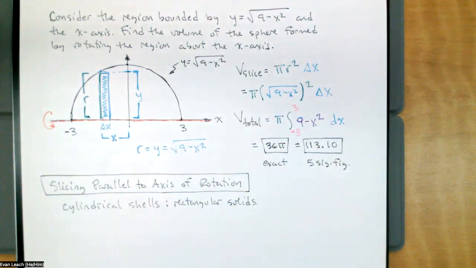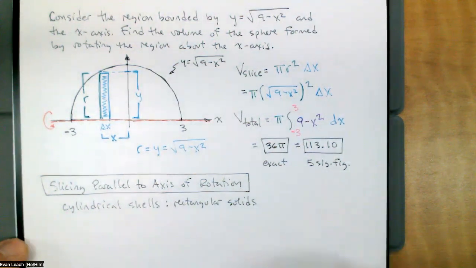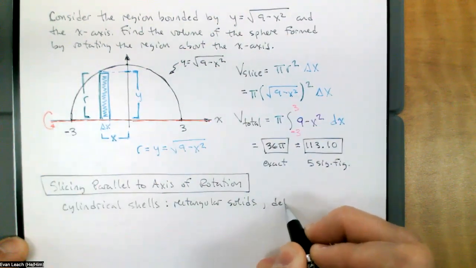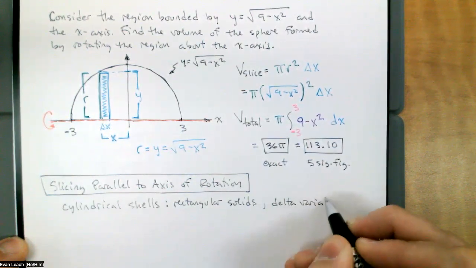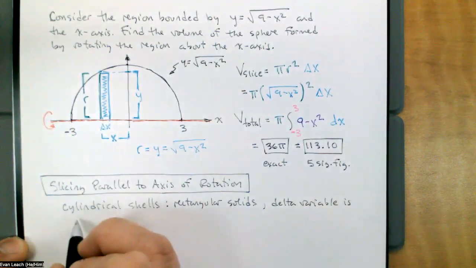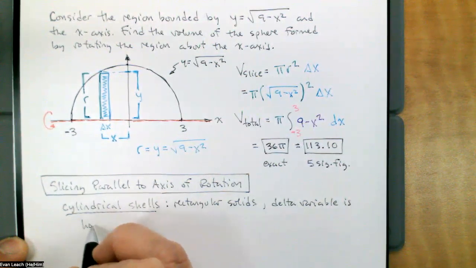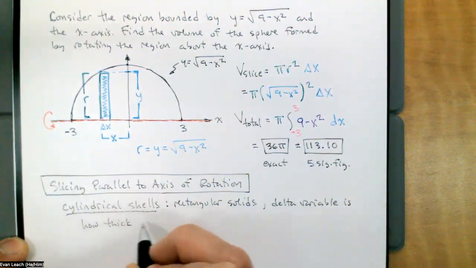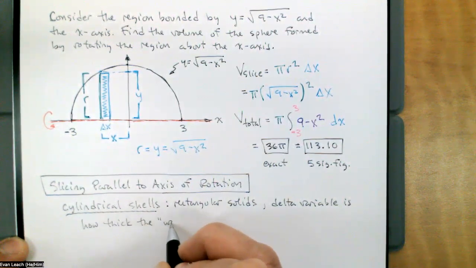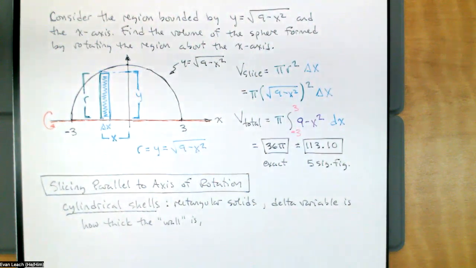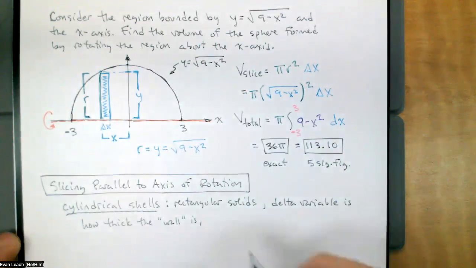The delta variable will be the thickness of the wall of the cylindrical shell. The delta variable is going to be how thick the wall is, and the length is going to be the circumference of the cylinder.